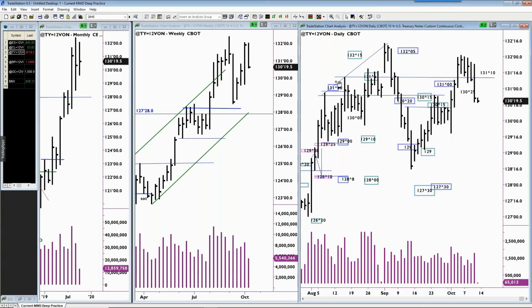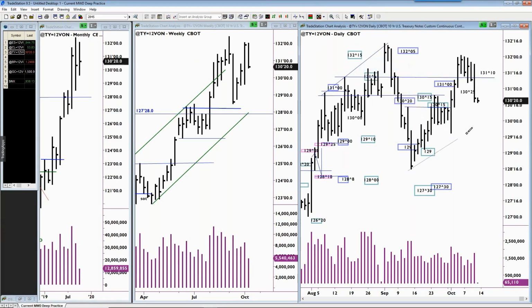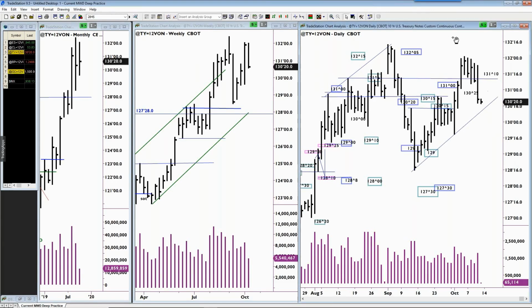So any rally up in here should die pretty quickly. We do have a trend line coming up here, so we want to respect that. And so 130.20 would be first resistance.